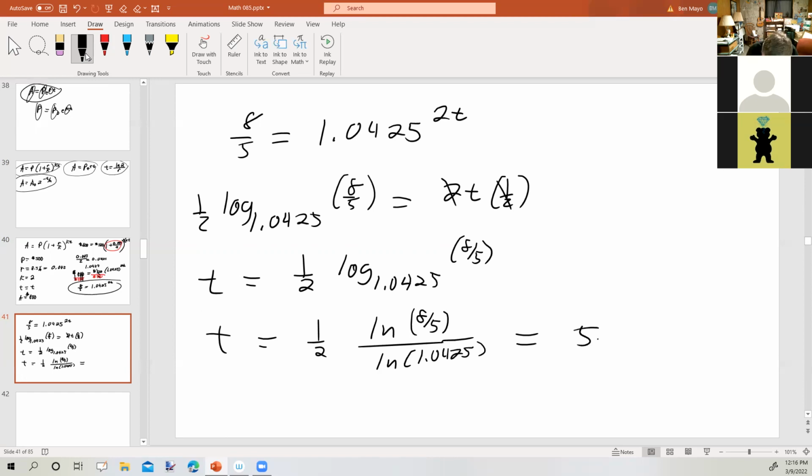And I get 5.6461 etc. And what did they do? They said about 5.6 years.